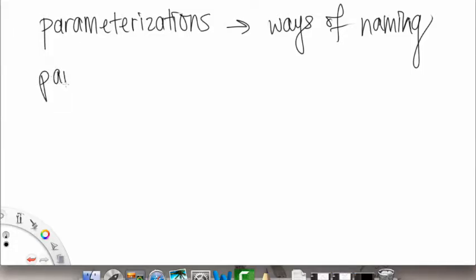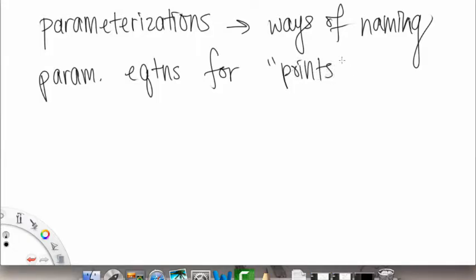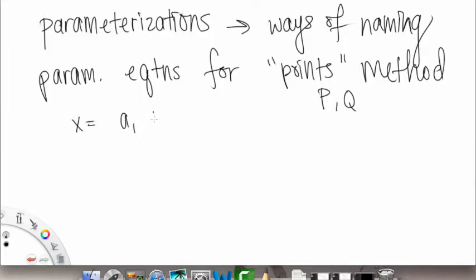For example, here I'll just write them out. So parametric equations for the second thing I showed you, I'll call it the points method. This is the one where you're given that a line goes through 2 points, P and Q. So the parametric equations would be x equals a1 plus (a2 minus a1) t, okay?